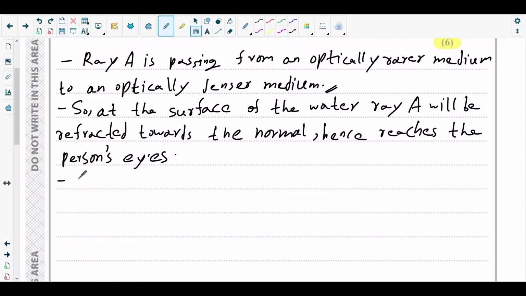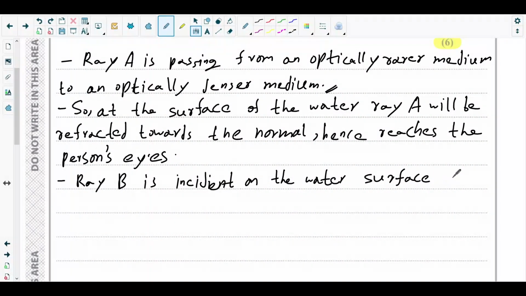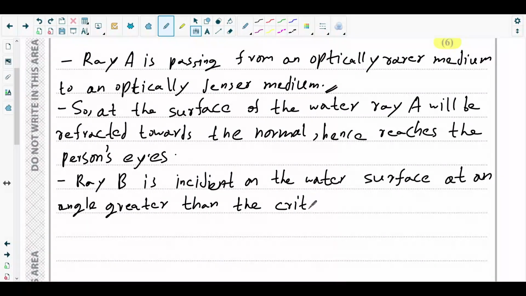So for ray B, we have to say that ray B is incident on the water surface at an angle greater than the critical angle for the water air interface.